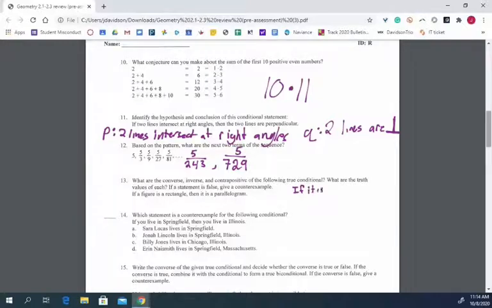So if it is a parallelogram, then it is a rectangle.